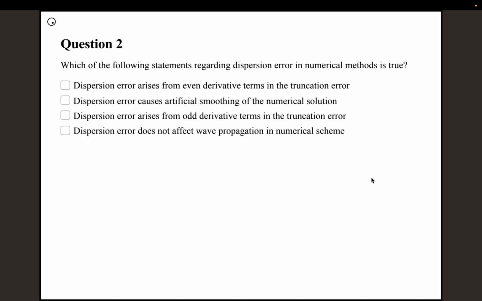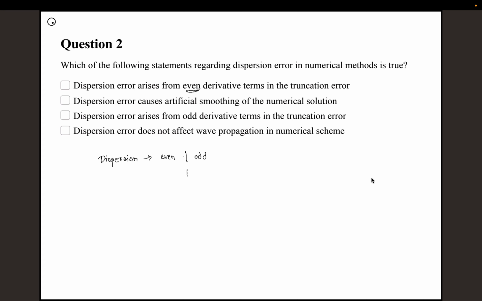So as I said, dispersion is about when the phase speed changes for different wave numbers. That happens because of odd derivatives. So there are three things the question discusses. One is the derivative kind, so even or odd.